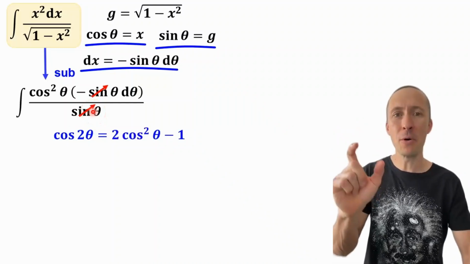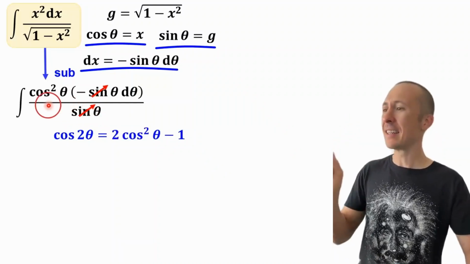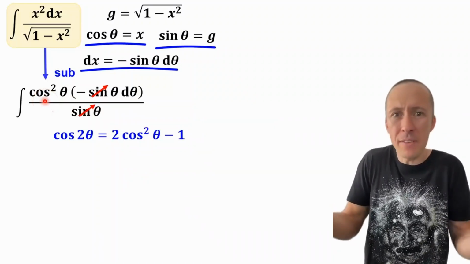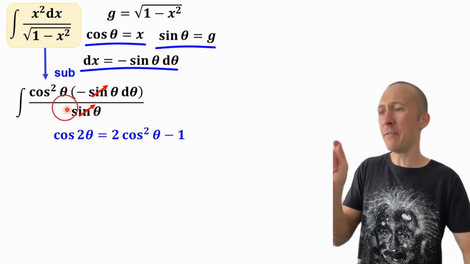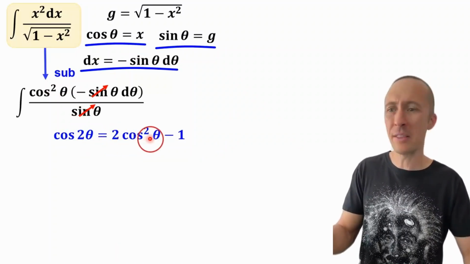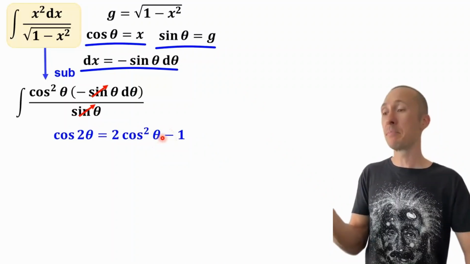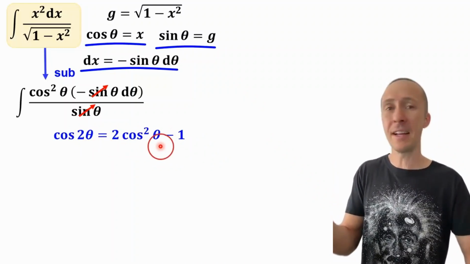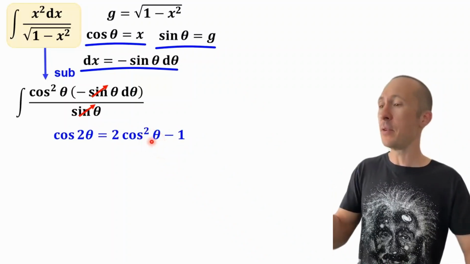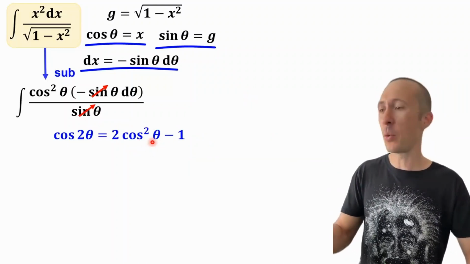And we're going to invoke a trig identity, because if you don't know how to integrate cos squared theta, it's not really obvious. But we invoke this trig identity, cos 2 theta equals 2 cos squared theta minus 1. Things come pretty nicely. We're going to use this trig identity and solve for cos squared theta. And if we do that, we get rid of the square.